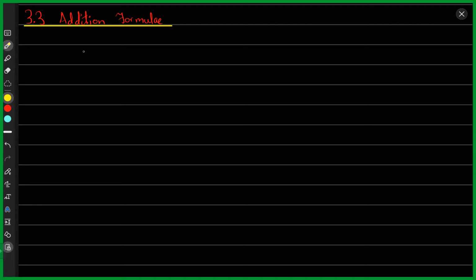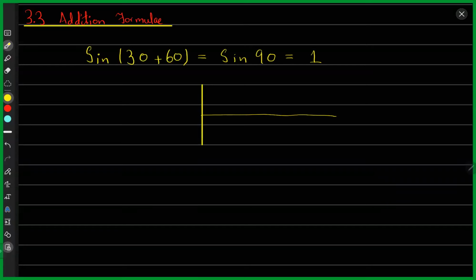We know that sine 30 plus 60, I can write it as sine 90, is basically equal to 1. Why is it 1? You can use your calculator or you can use this understanding: if I make the graph of sine, it is going to be something of this type, and this is 90, and at 90 it is 1.